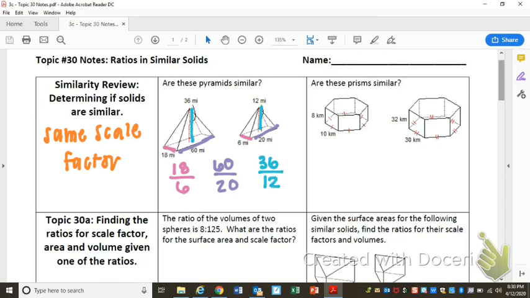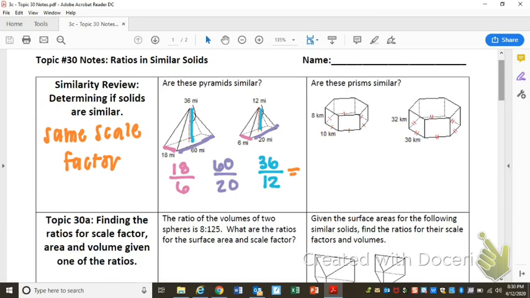Remember, just like in similar triangles, you have to stay consistent with which figure you put first. So I did the bigger figure on the top and the smaller figure on the bottom. So just make sure to stay consistent with which one you put first. Once we have all of those corresponding parts together, we are then going to see if they all reduce down to the same fraction.